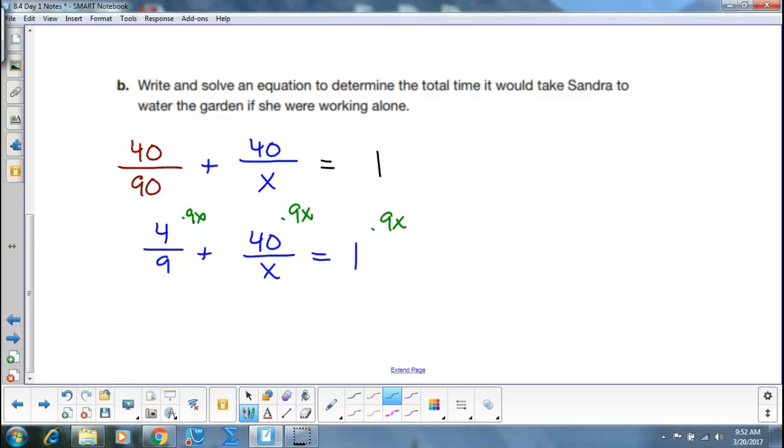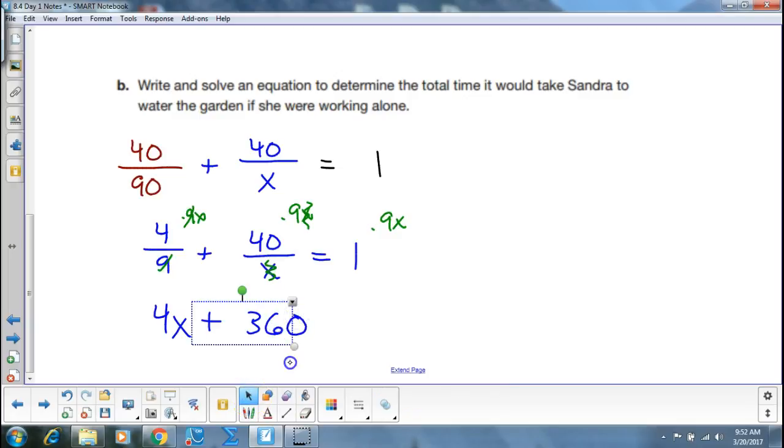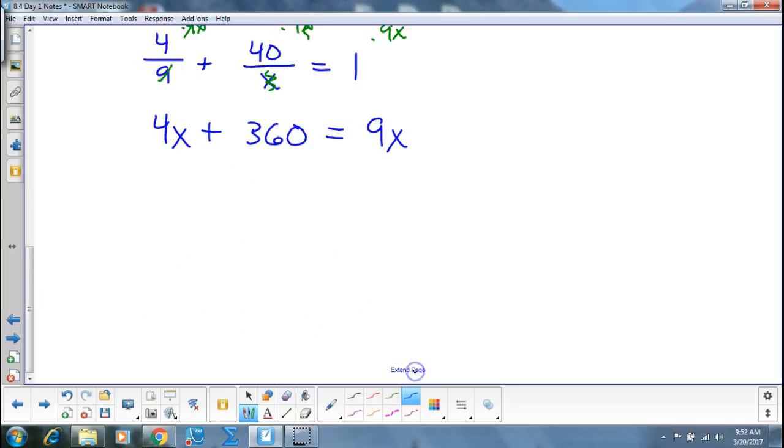So that gives me 9 divided by 9, leaves me with 4x. x divided by x leaves me with 360. Equals 9x.